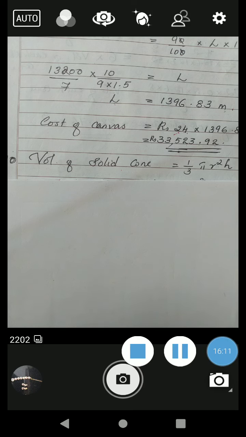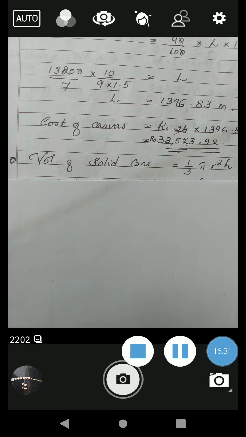Okay, so do you remember the formula? What is the number of cones? Actually, volume of big cone is equal to sum of the volumes of smaller cones, right?